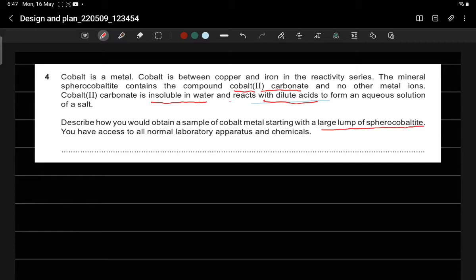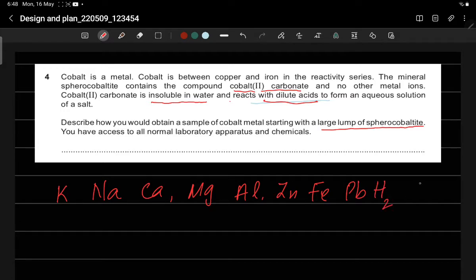So let's start. You know about the reactivity series of metals. You always keep it in mind. He said that cobalt is present between copper and iron. Potassium, sodium, calcium, magnesium, aluminium, zinc, iron, lead, hydrogen and copper.